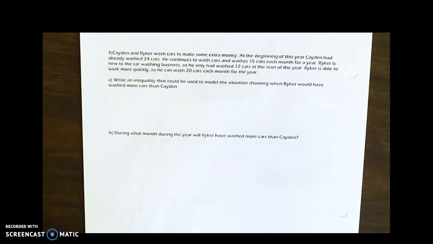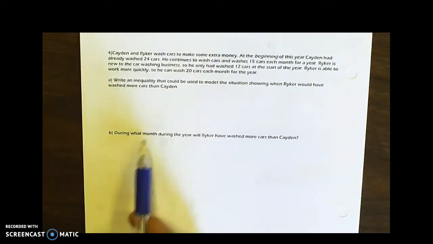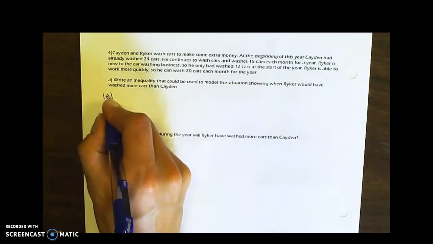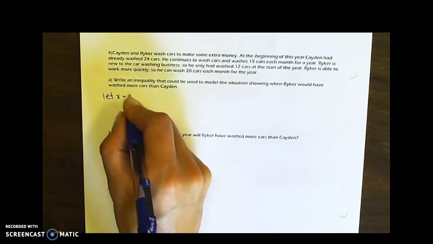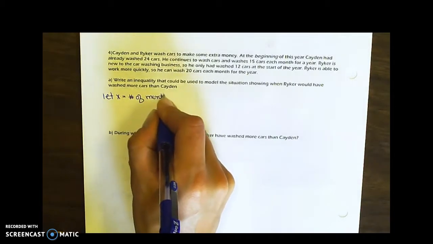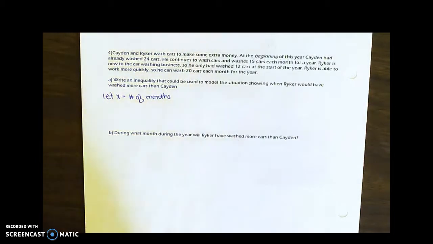So let's think. What's the key idea here? Well, what we're trying to figure out is what month Riker's going to have more than Caden. So that means we're going to say, let X equal the number of months. So we're trying to find the number of months. That's the main idea. That's what's missing in this problem, is how many months.